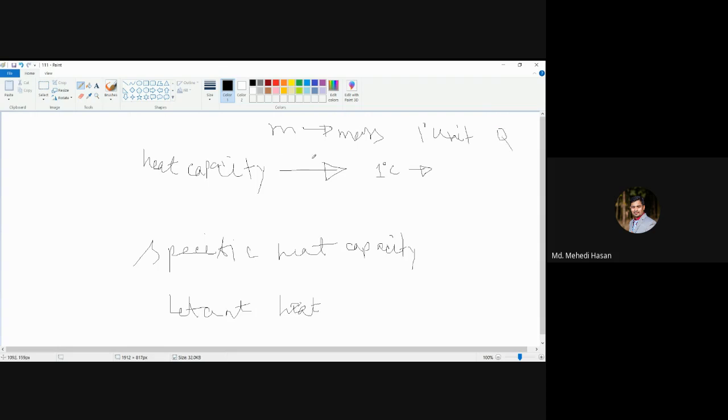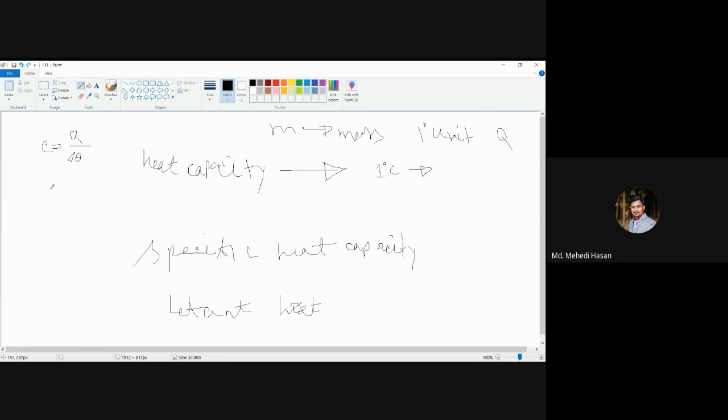Then in that case, we can say that heat capacity C is equal to q by del theta. Okay, so del theta means the change in temperature.